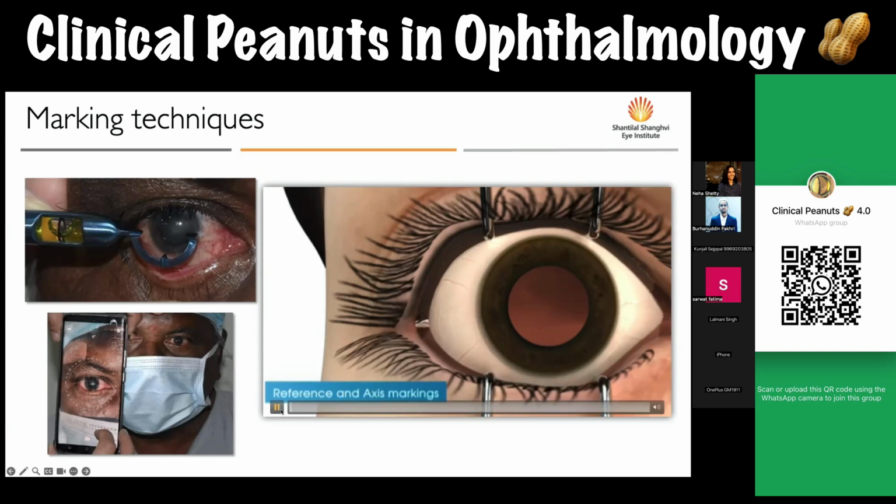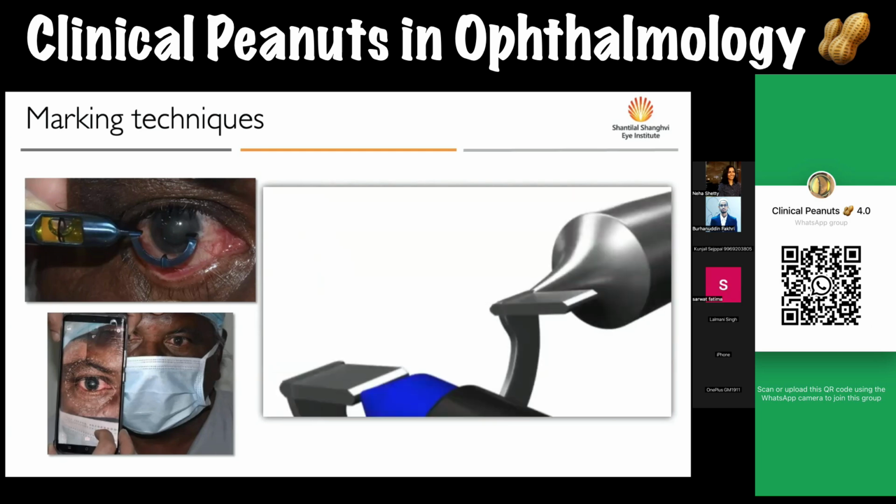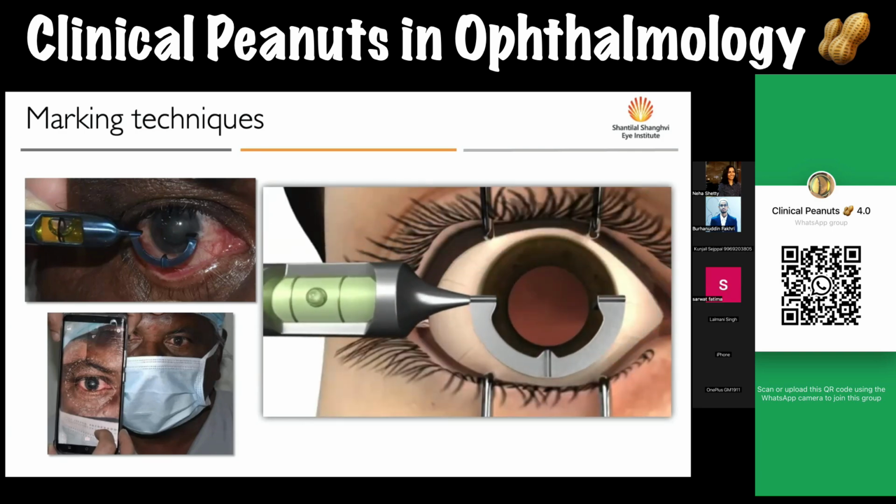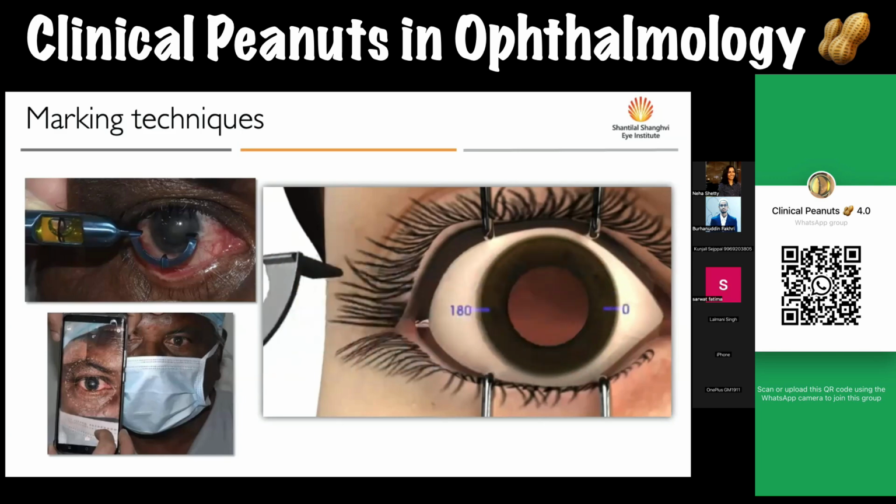Surgeon requires to put reference and axis marking on cornea. The rest points of marker are inked using marker pen. Reference marking is done on 0, 180, and or 270 degrees using reference marker preoperatively. Anesthetic agent is applied on patient's cornea at this time.